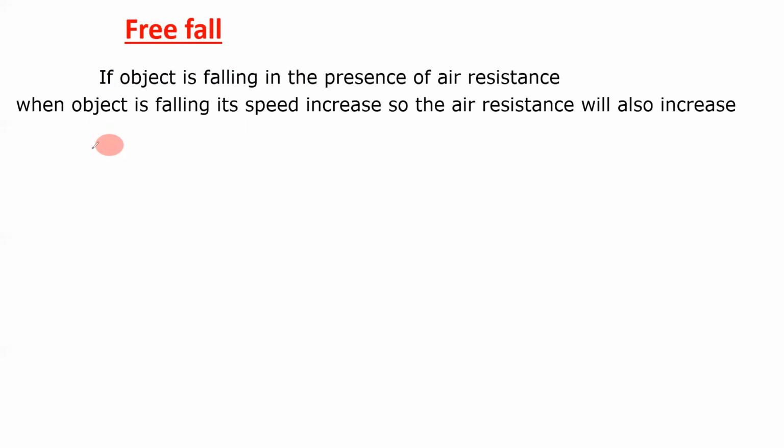Example, here's an object, and I say its mass is equal to 2 kilogram. So what will be the weight of this object? It is dropped from rest, so its speed is 0. The mass of the object is 2 kg. What will be the weight on earth?